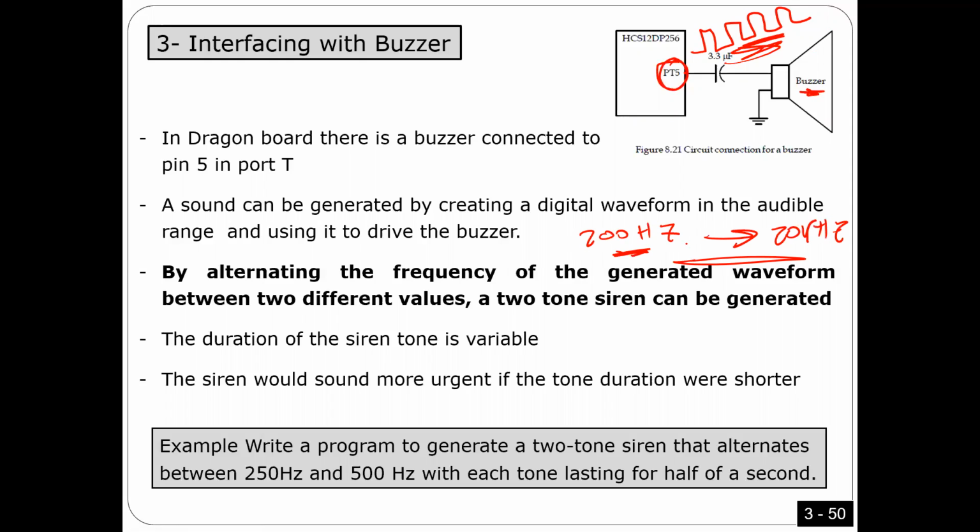This is the range of frequencies a human being can hear. We cannot hear frequencies more or less than that. So to play some sound here, you have to generate a square wave, but you have to keep the frequency in this range, because this is the range we can hear. Is that okay, guys?